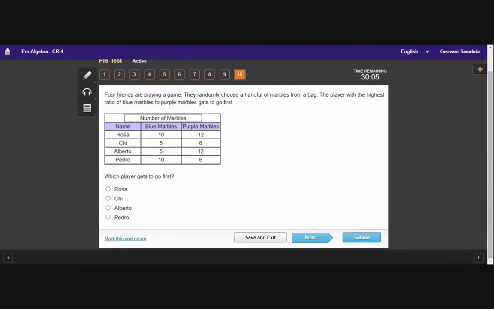The player with the highest ratio of blue marbles to purple. So blue to purple, blue's on top. The person with the highest ratio gets to go first.